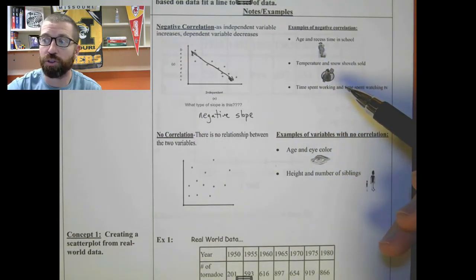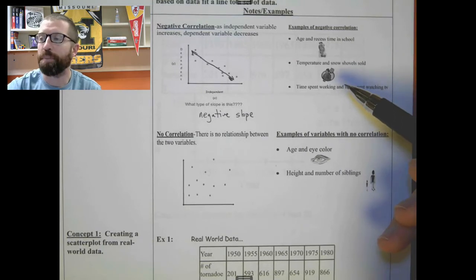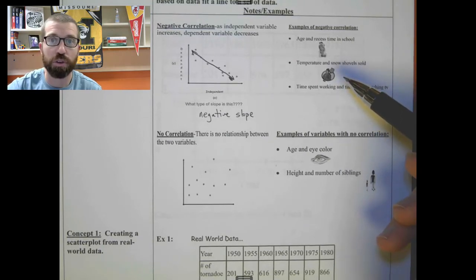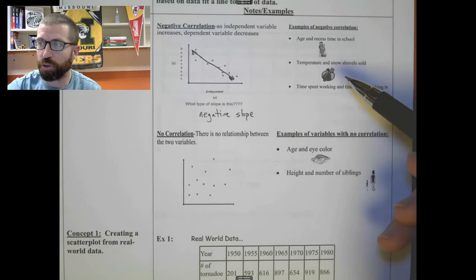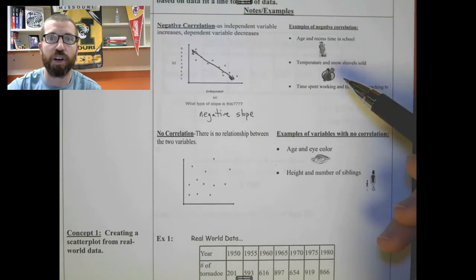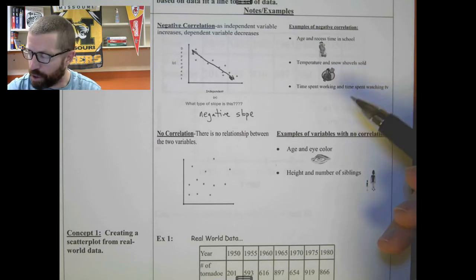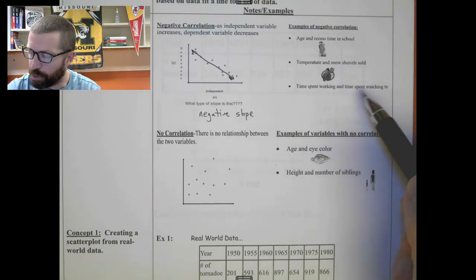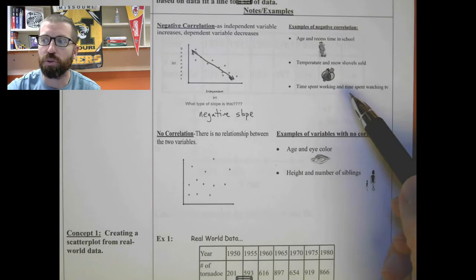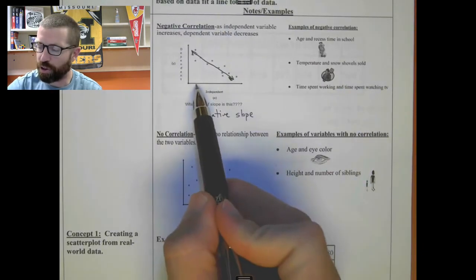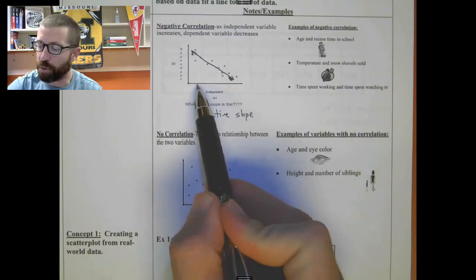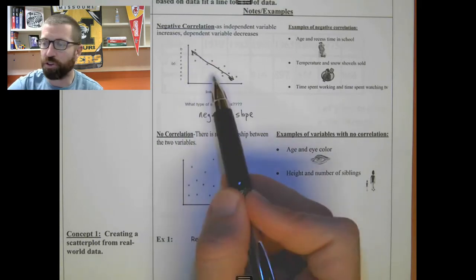Temperature and snow shovels sold, as it gets colder, typically you sell more snow shovels. It's also true for temperature and hot chocolate sold at an event, maybe. And then time spent working and time spent watching TV. The more time you spend working, the less time you will have to watch TV.